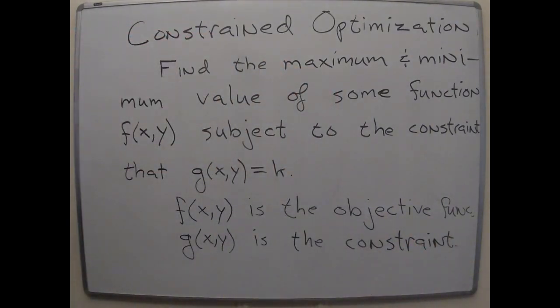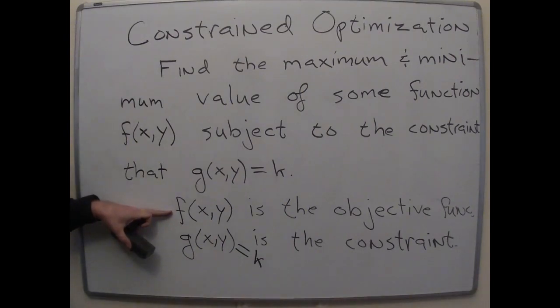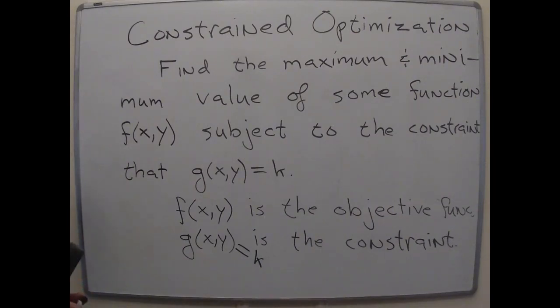Well, those are the two main ingredients. Wow, I said g of xy equals k, and then here I didn't write it. One of the things is equal to a constant. That's the constraining condition. And the other is just free. It doesn't have a set equal to k. That's the one that you're trying to find the max or min value of.